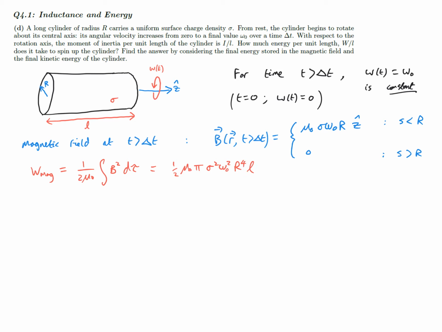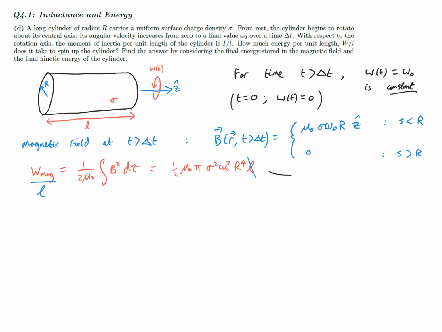So this we just integrate over the volume of the cylinder, which is, of course, pi r squared L, and then multiply that by the magnetic field within the solenoid. So if we want to know the work done, or the energy contained in the magnetic field per unit length, then we just divide this by L, and then this L gets cancelled over here.